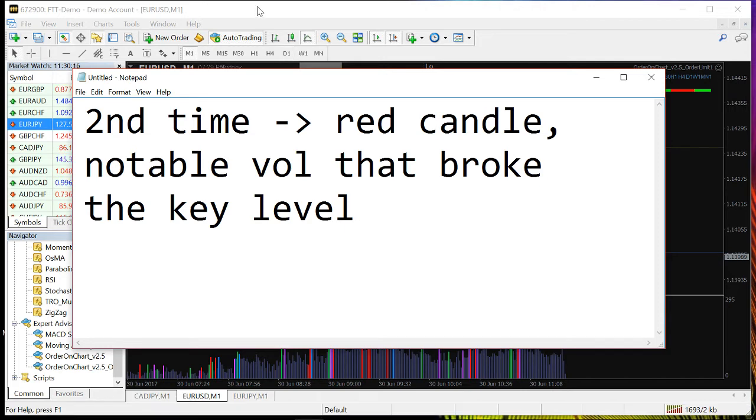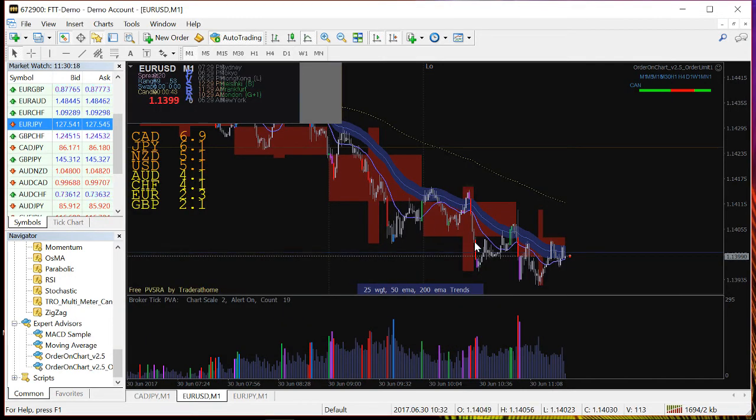So look, first we got this red candle, we got a retrace already, and the second time we broke with another big red candle and super notable volume.